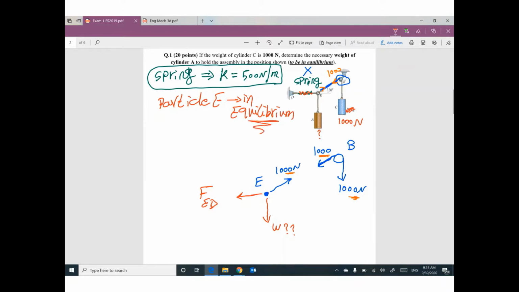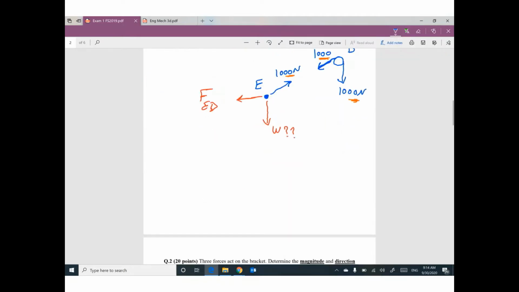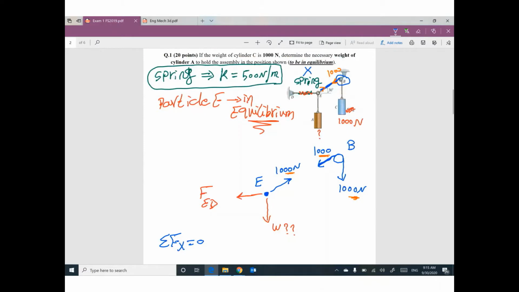Do you remember, if you have forces in 2D in equilibrium, what should I do? We have two equations. Summation of all forces in X direction equals 0. Summation of all forces in Y direction equals 0. You are done. This force is given. We have here the angle for this force, 30.